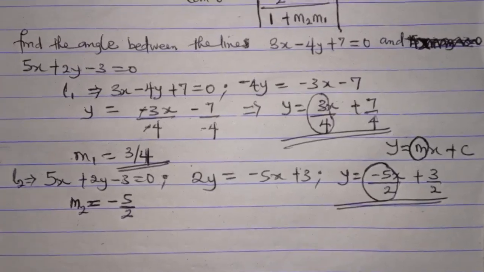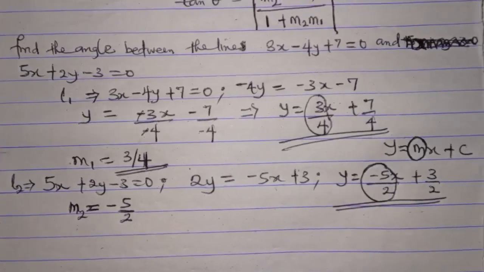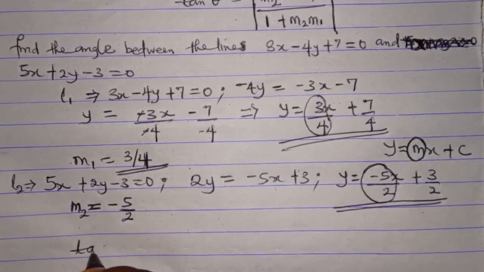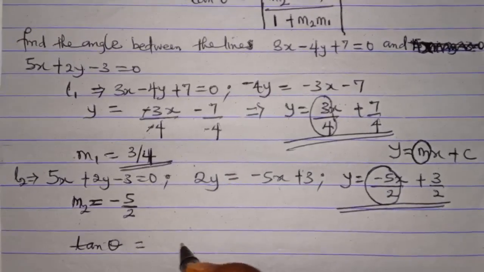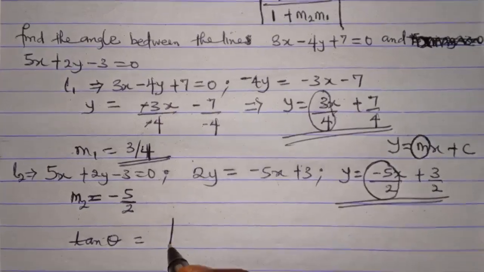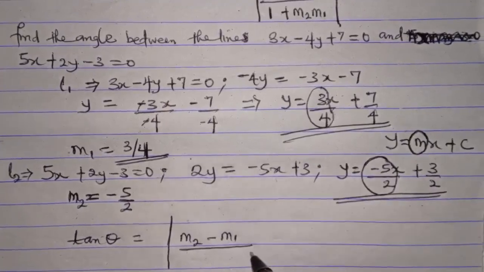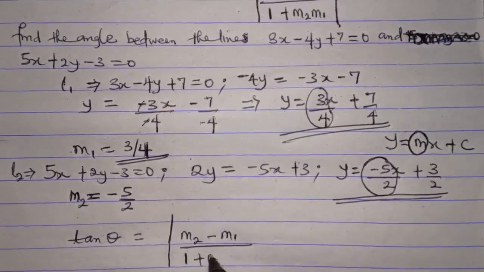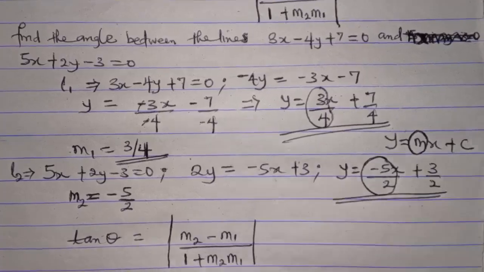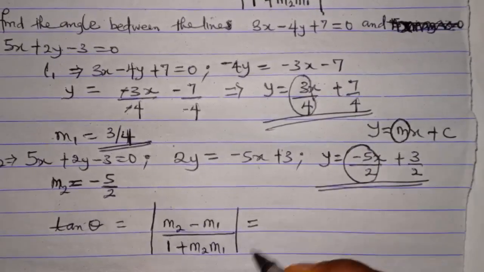The angle between the two lines with gradients m1 and m2 is this. We have tan theta equals the modulus, or absolute value, of m2 minus m1 divided by 1 plus m2 times m1. So what's tan theta equal to now?